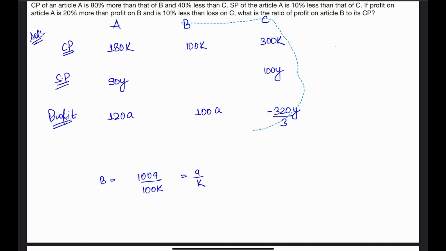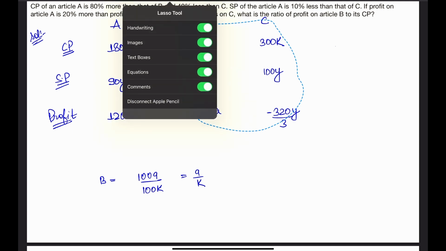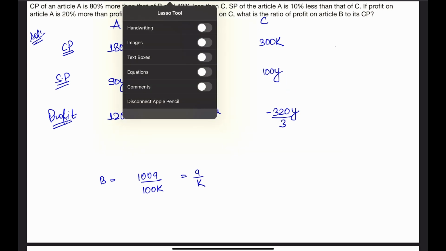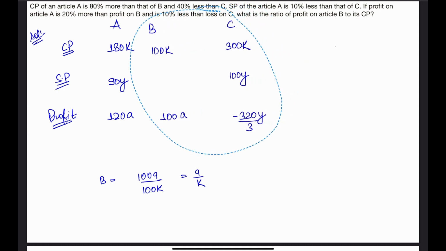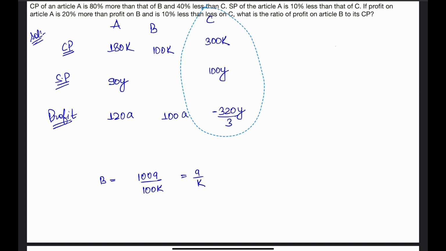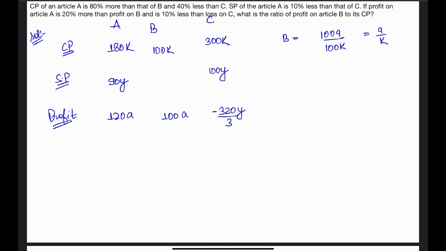This is one more thing that I can do. Only handwriting selected. Now I can move. I need to find out this value.